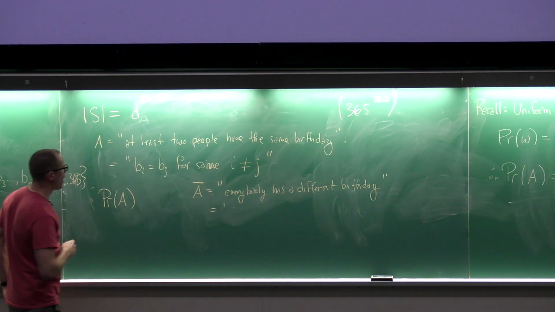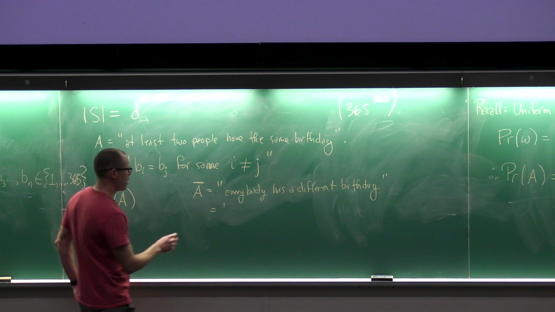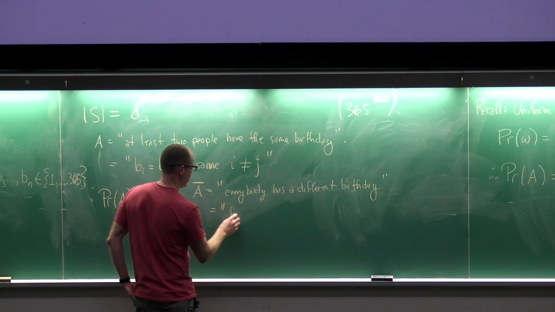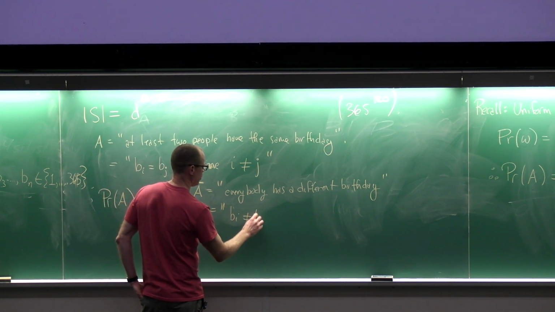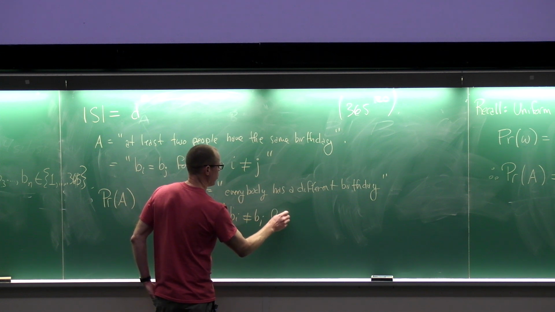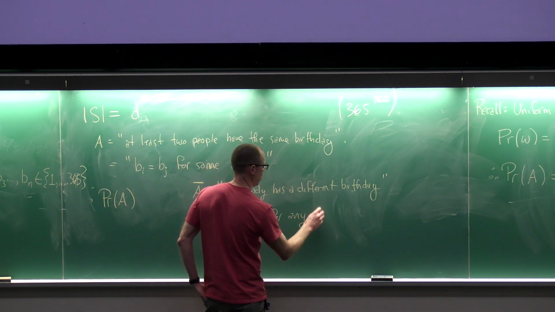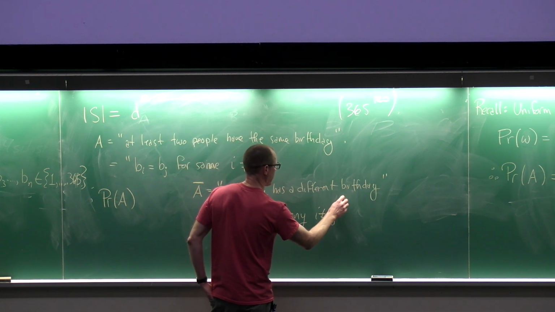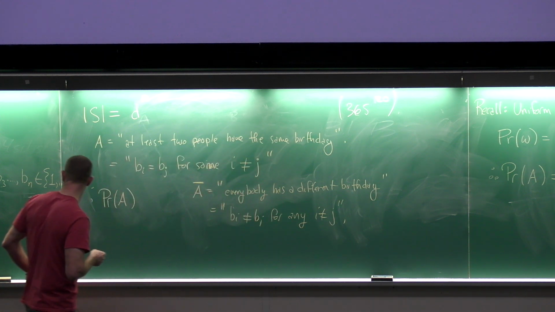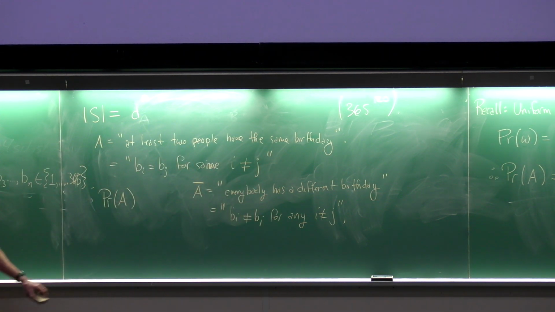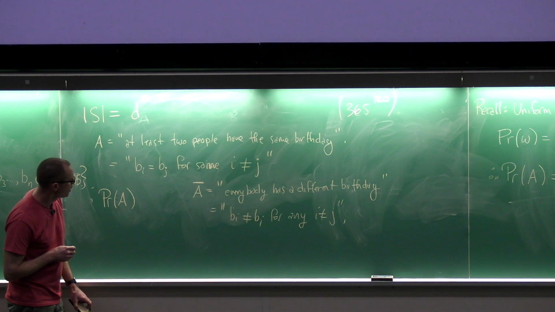Which in terms of these Bi's and Bj's is something like Bi is not equal to Bj for any i not equal to j. So let's think about exactly what this means.